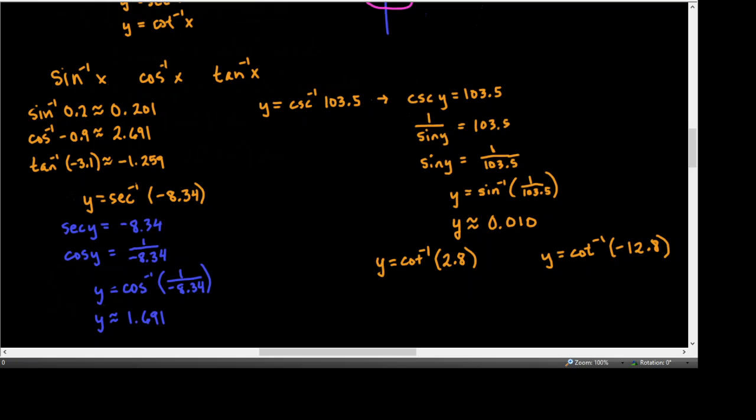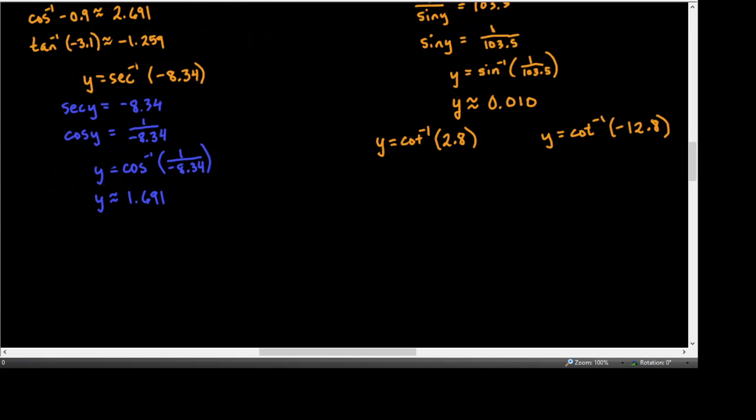Okay, let's do the next one. So this equation is the same thing as saying that the cotangent of unknown y is 2.8. Oh, and probably what I should have said, let's go back for just a second.